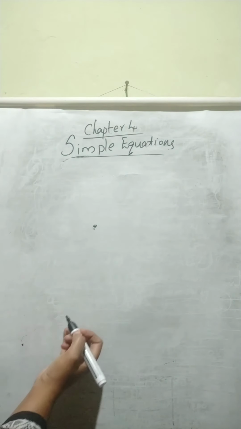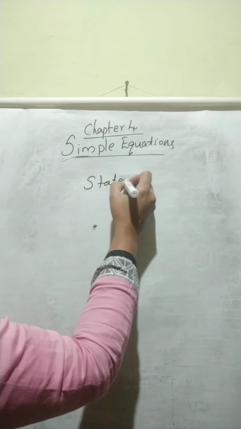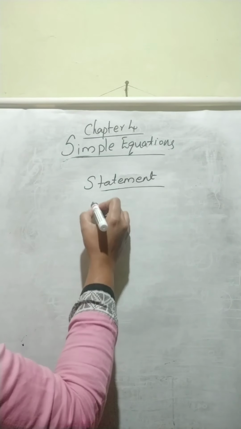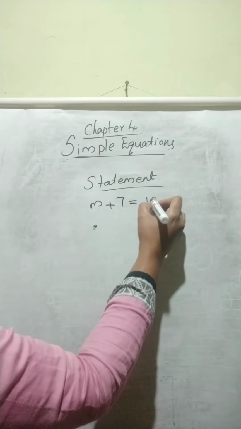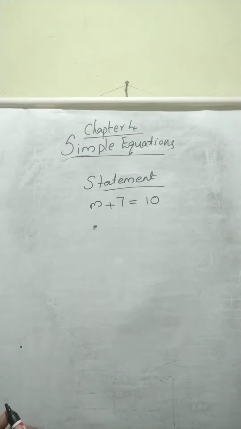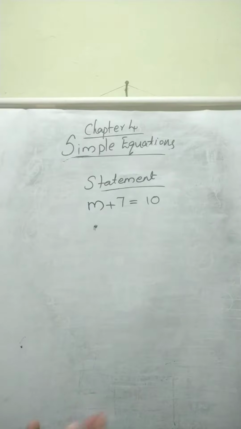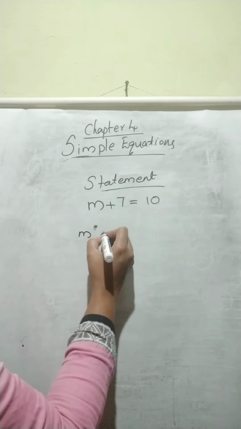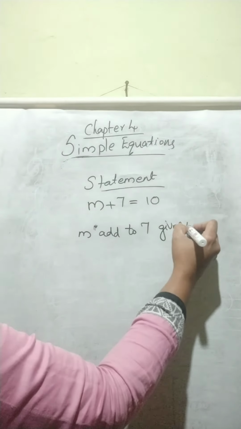Now, in the case of a statement, how can we say m plus 7 equal to 10? How can we write the statement of this one? Here we can write m added to 7 gives 10.